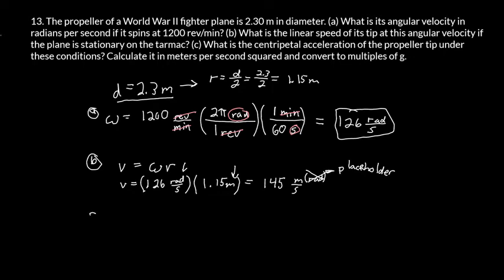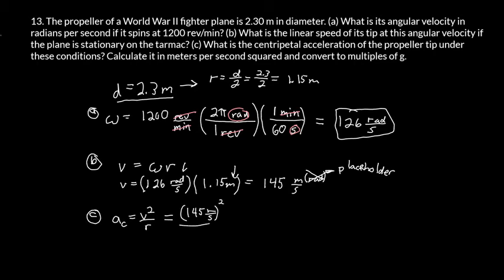Then finally, we're asked to find the centripetal acceleration. And we know that the centripetal acceleration, AC, is equal to v squared divided by r. We know that it's directed towards the center of the circle of this propeller. So we can take our linear velocity from part B and plug that in, 145 meters per second, and we want to square that.